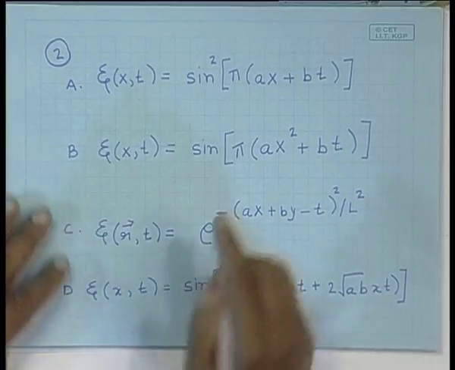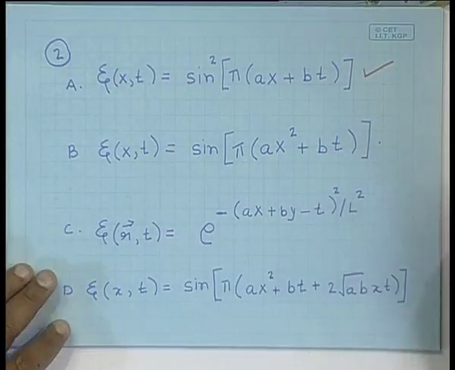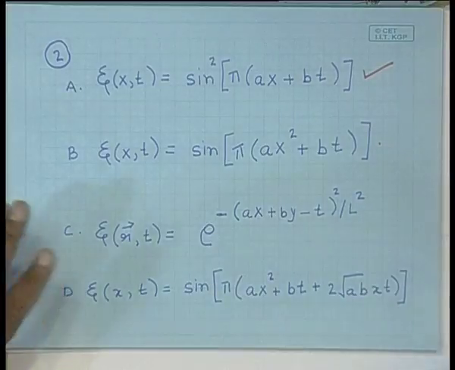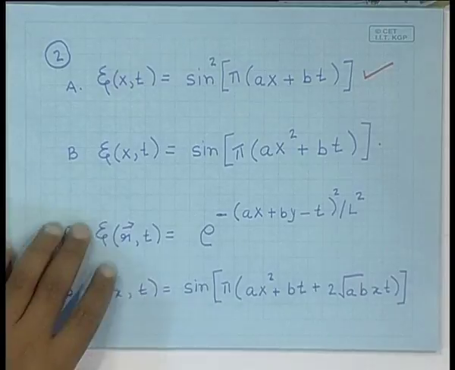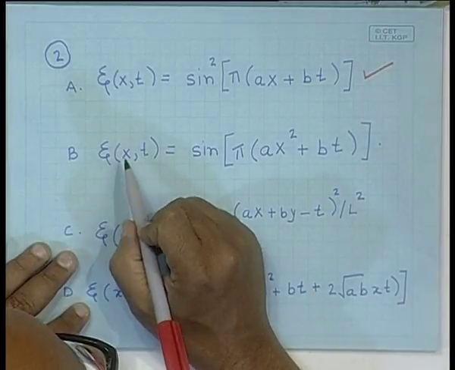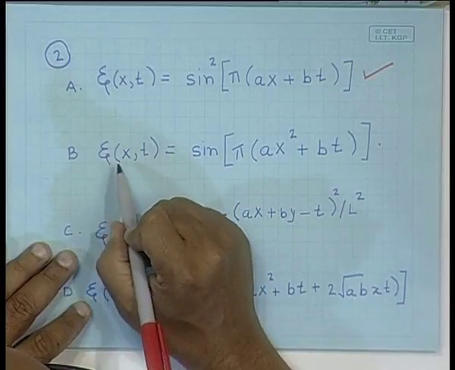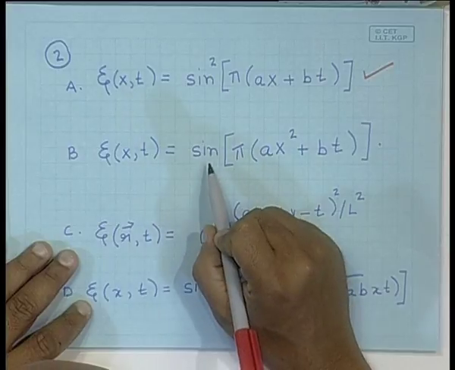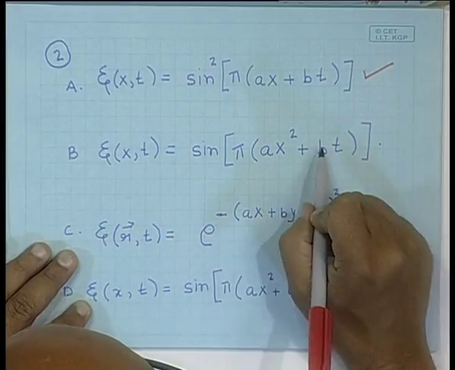Now, the next question is, does B represent a travelling wave? If B has to represent a travelling wave, it should be either of this form or of this form. Now, for problem B, the functional form of xi, the displacement, which is now a function of x and t, is given to be sine pi ax square plus bt.